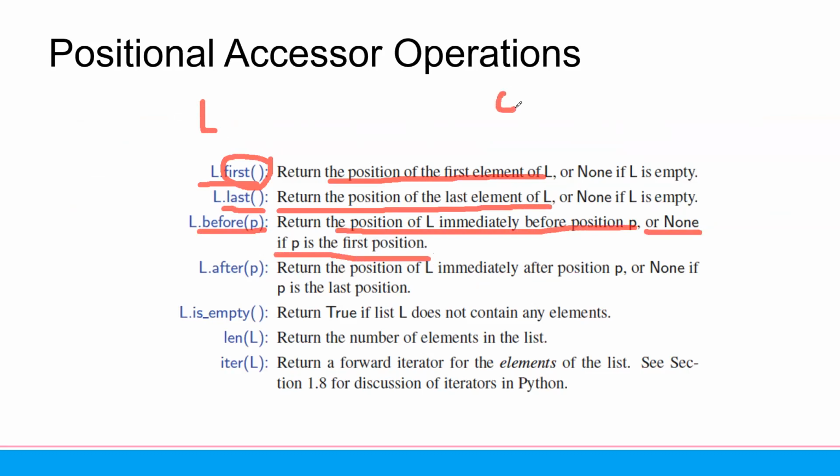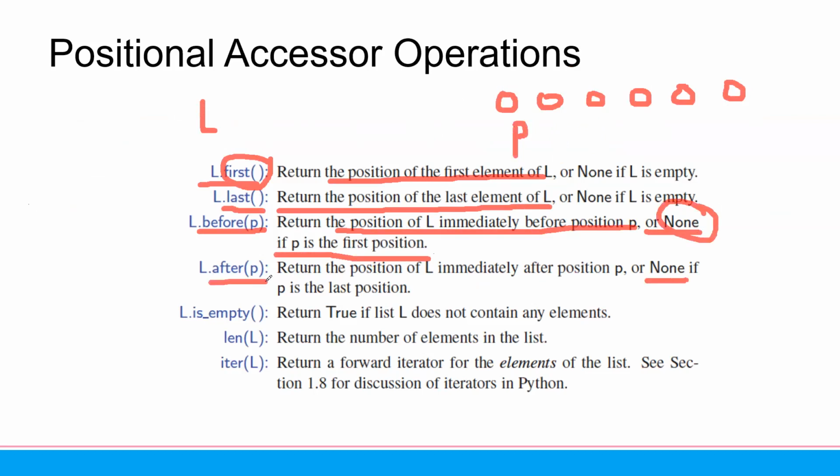So let's say if I have a sequence of elements, and this one is P, then I want to know what is before P. It means this one. But if P is here, then it means there is no element before P, so we can return none.